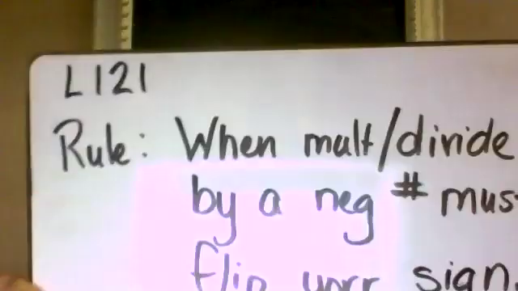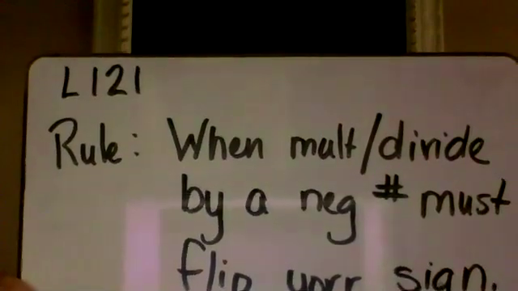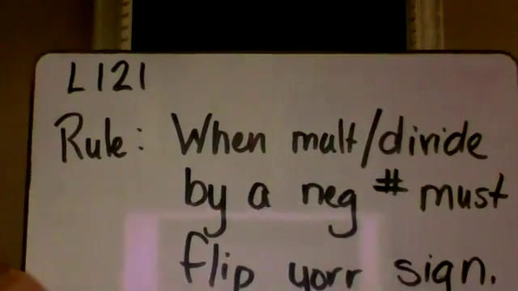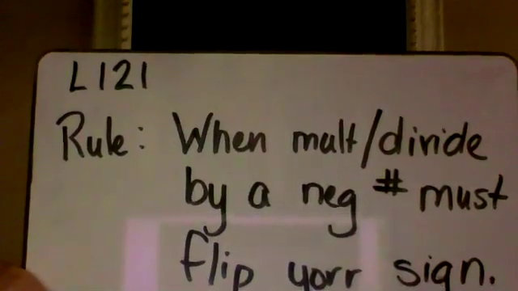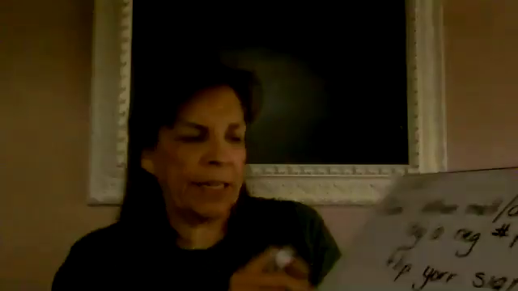Okay? That's the rule. When you multiply or divide by a negative number, you must flip the inequality. Flip your sign. Let me show you an example.